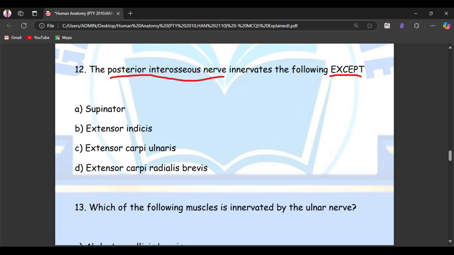And then the extensor carpi radialis brevis, so this is our answer to this question.